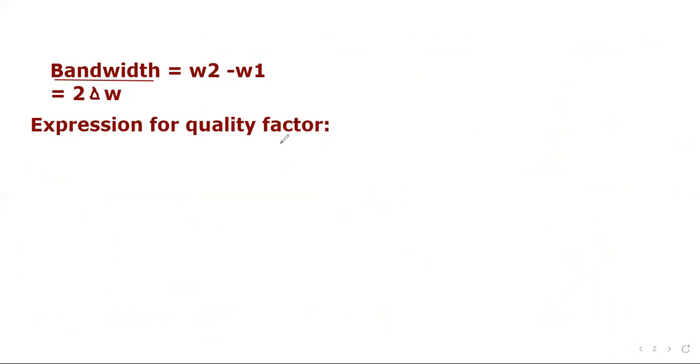As we have seen, at resonant frequency Z equal to R, and at the other two frequencies, omega 1 and omega 2, the current reduces by root 2 times.